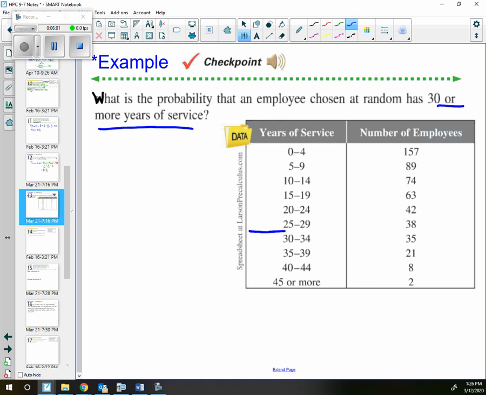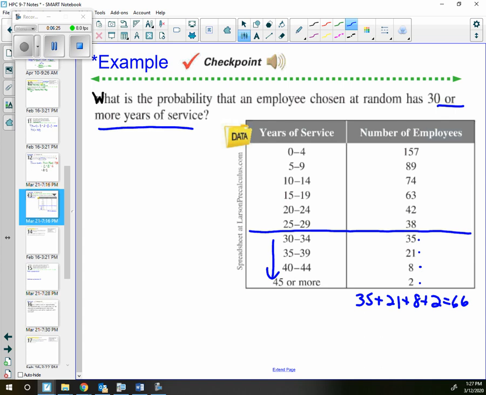So 30 or more, I'm going to draw a line here. Anybody in these intervals is going to be an event success here. So 35, 21, 8, and 2, all of those together will be success for us. So we need to total up the 35, the 21, the 8, and the 2, which gives us 66 people. That would be what we would consider success.